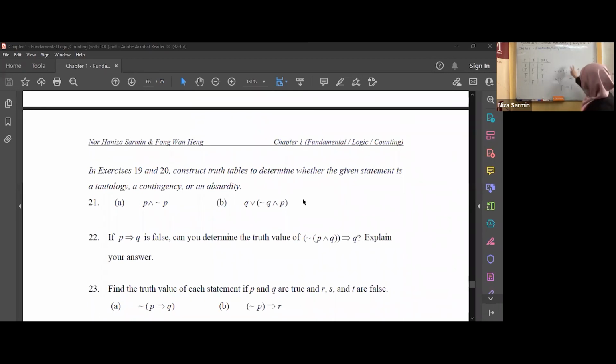If you rewrite this, is not P or not Q implies. This is what you have to show. Okay. All right. Okay, go down.